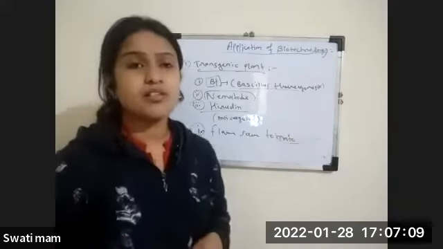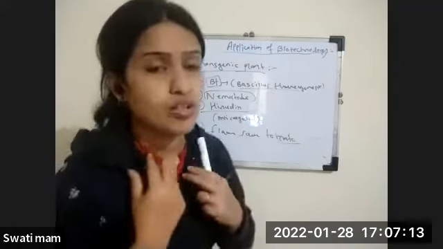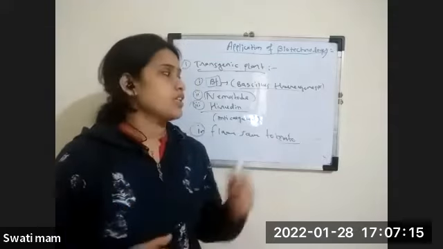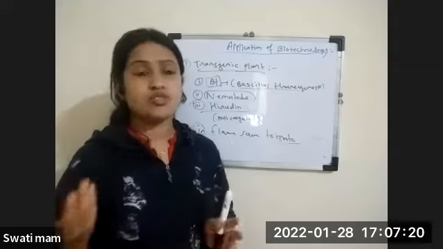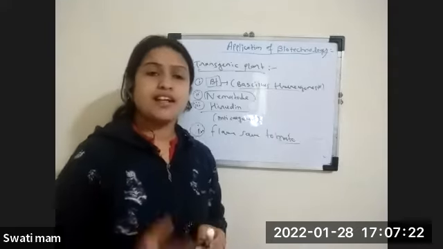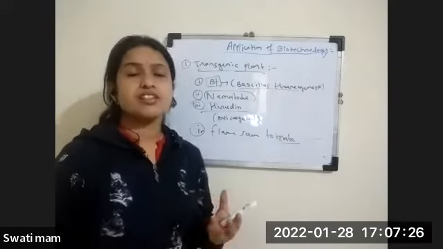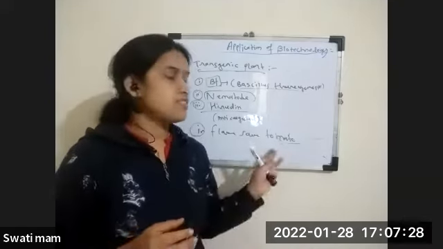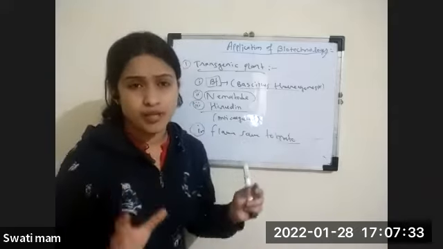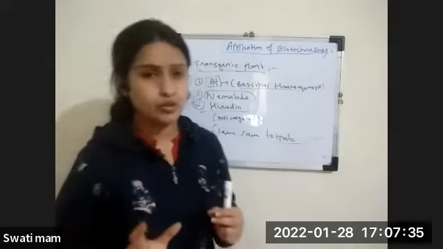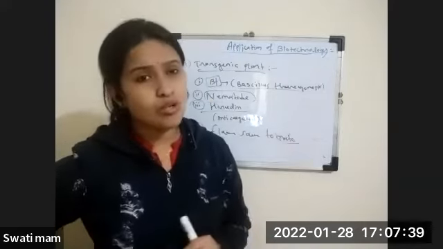Tomato is one of the best examples of a transgenic plant. Now, how does this occur? For example, if the tomato gets ready to bring into the market, what happens at that stage? Tomatoes become very reddish, red in color, and we can't preserve that ripened tomato for a longer period.